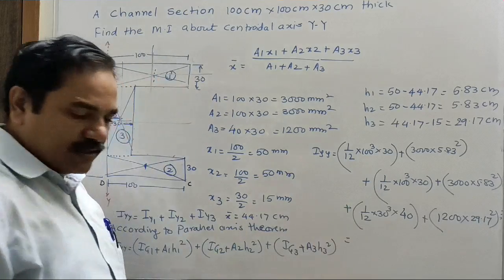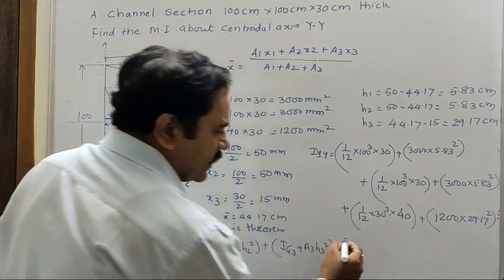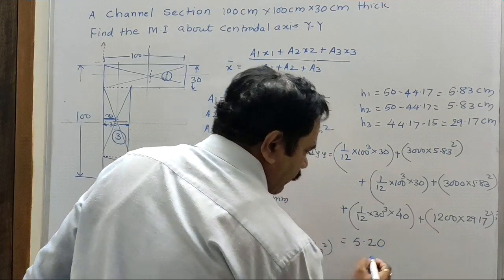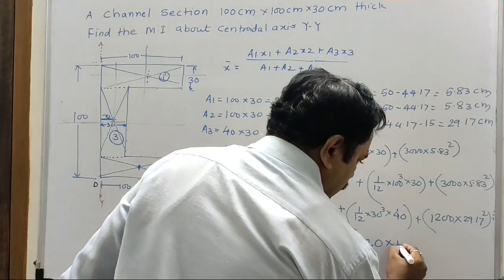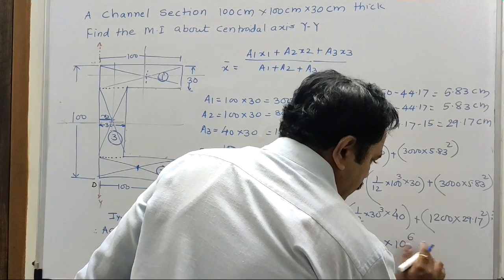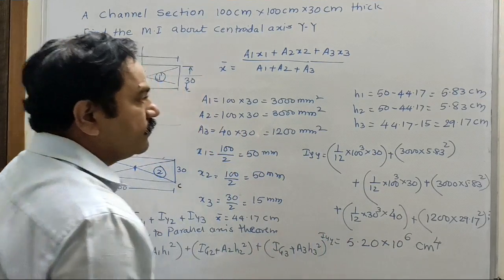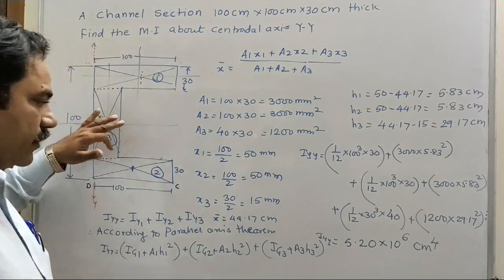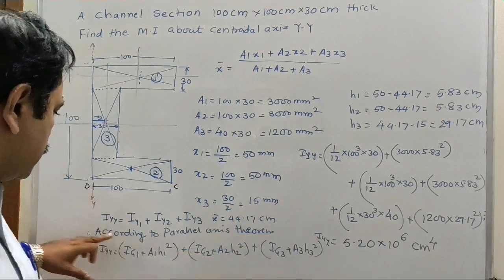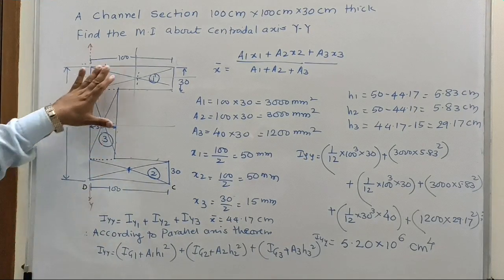By solving this, we directly get IYY as 5.20 into 10 raised to 6 centimeter raised to 4. So here we have used the parallel axis theorem for calculation of I.